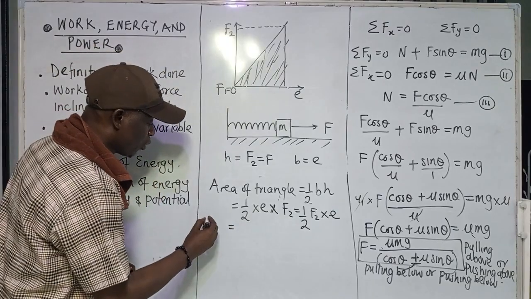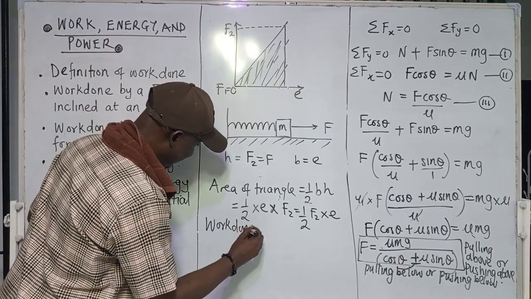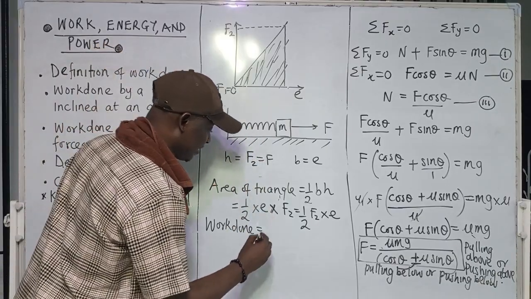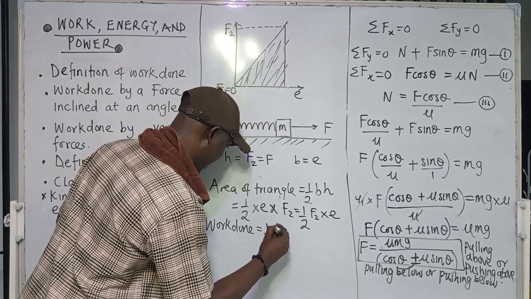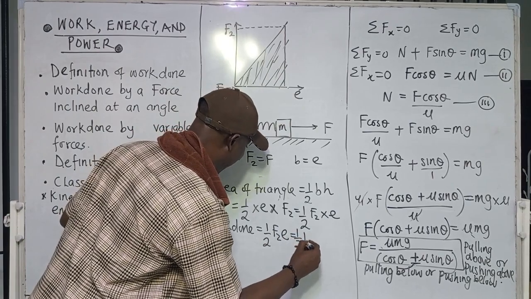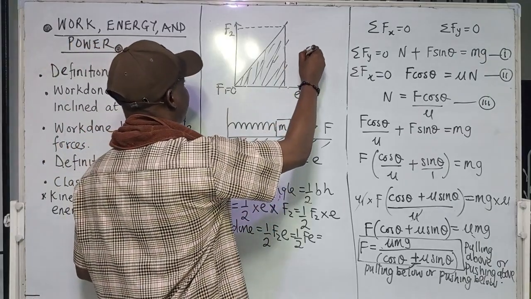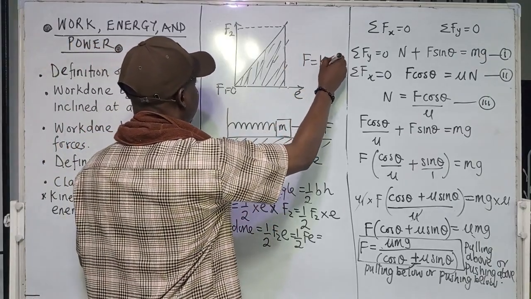You now know that the work done in that string is equal to the average force F2 times e, which is equal to half Fe. For a string, F is equal to what? Ke.